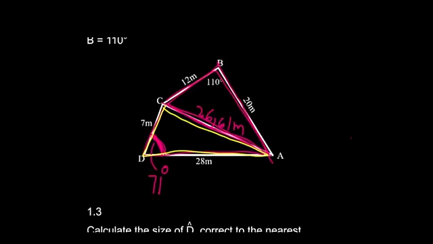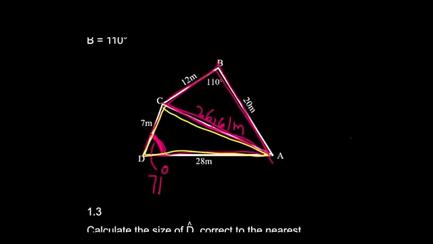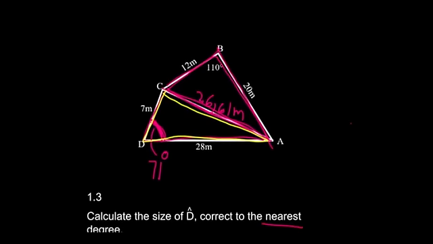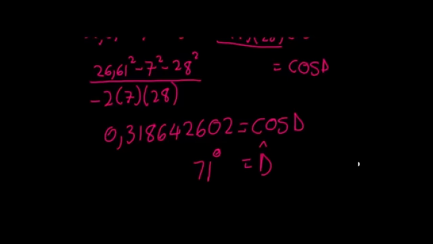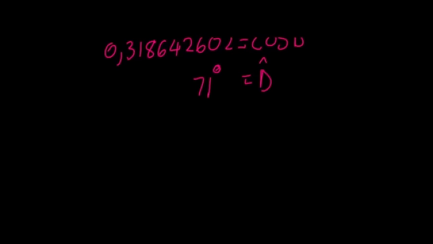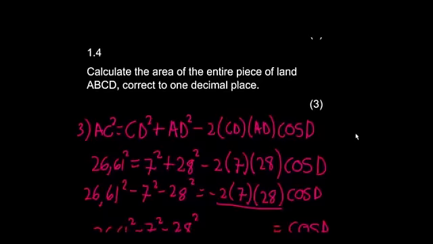The area will be half of the product of two sides, so it will be 12 times 20. So the area of the entire shape is half multiplied by 12 times, how long is the other side? 20.